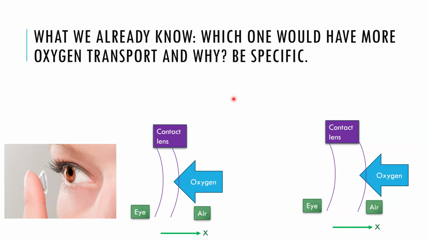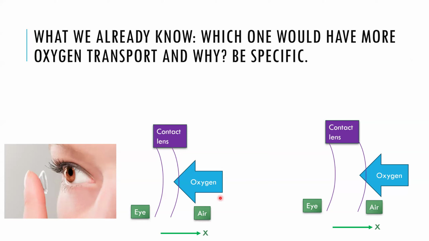Okay. So I ask you to stop the video now and try to answer this question, what we already know. So here we have oxygen transport through a contact lens.